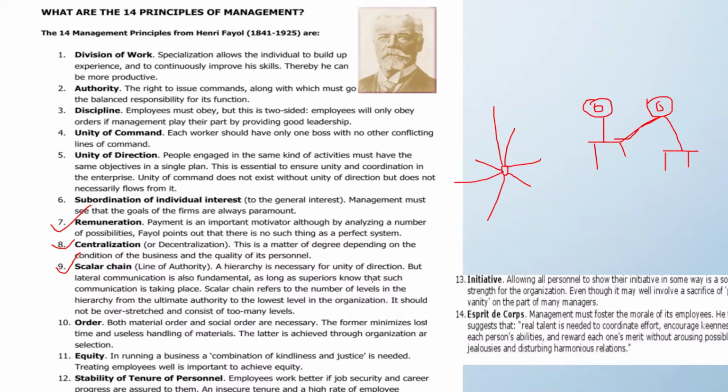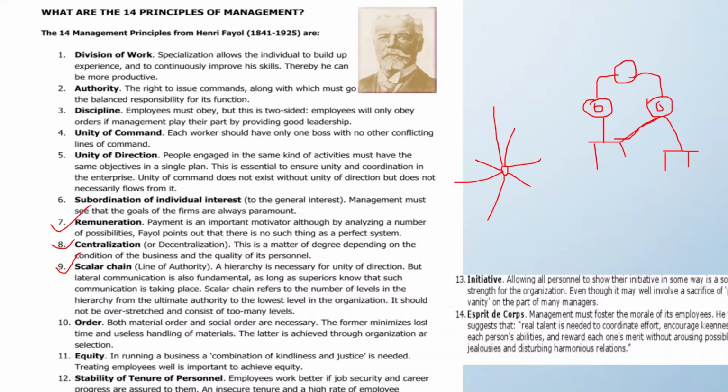It should not be overstretched, consisting of too many levels. When we divide our departments, we have to join them at a central point where there is one managing director or CEO, or the head of the board of directors.